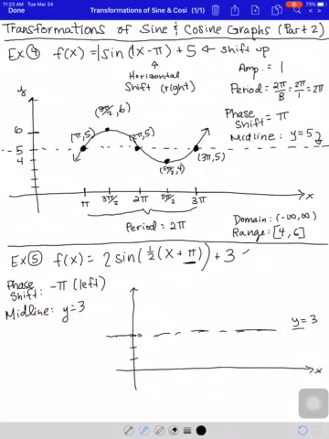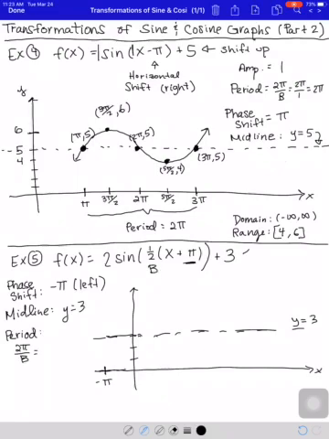So this is y equals 3. There's our midline. Also, we said that our phase shift is negative pi. Let's go ahead and plot that. Negative pi, that would be over here. So this is where our cycle is actually going to start. Okay, what else do we need? We also want our period. So what is our period? Remember, our formula is 2 pi over b, where b is just our number in front of x.